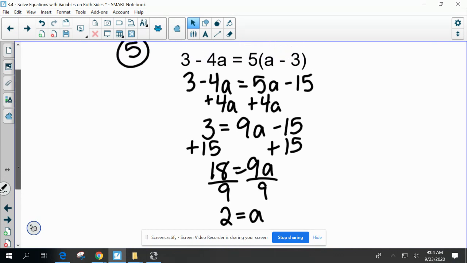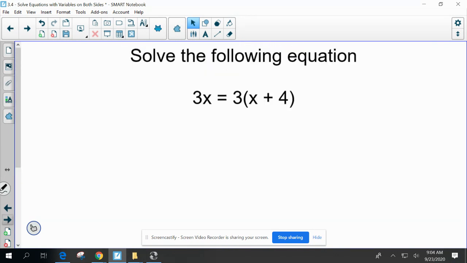Okay. Number 6. So again, I have parentheses, which means I'm going to have to do distributive property.